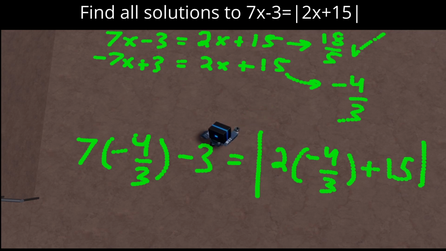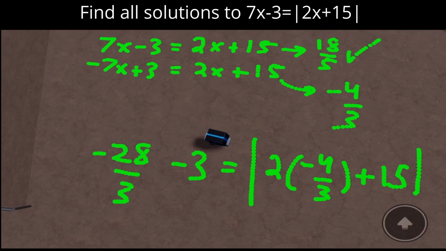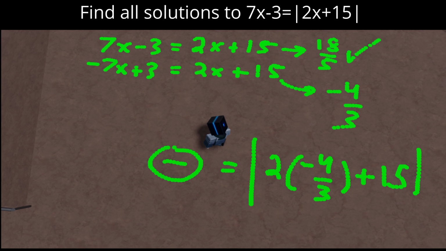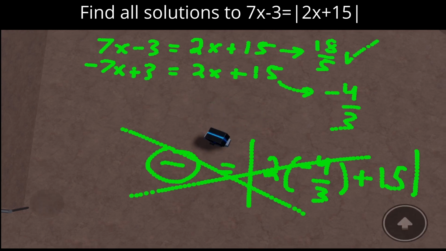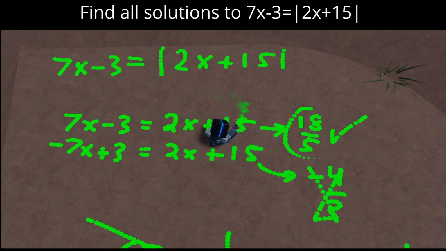So let's look at the left side first. 7 times negative 4/3 is negative 28 over 3. I want you to know that this left side is just a negative number, because minus 28 over 3 minus 3 is just a big negative number. Can an absolute value be equal to a negative number? No, that's impossible. So therefore, I know that negative 4/3 is actually a fake solution. In other words, the only solution I have is 18 fifths.